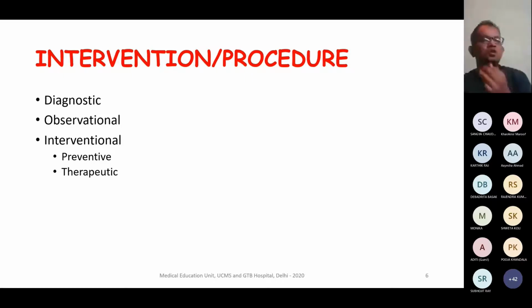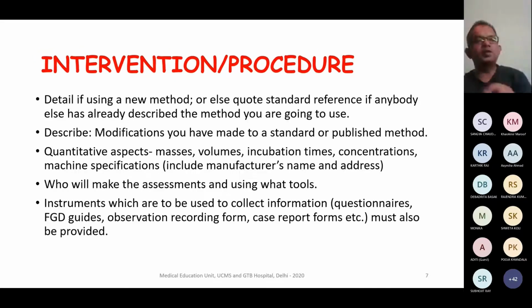Depending upon your study design, you will have to describe the procedure. When you are describing the procedure, if it is a new method you are introducing for the first time, you'll have to describe it in detail. Or if it has already been done by someone and you are using that method, then you can quote the reference.